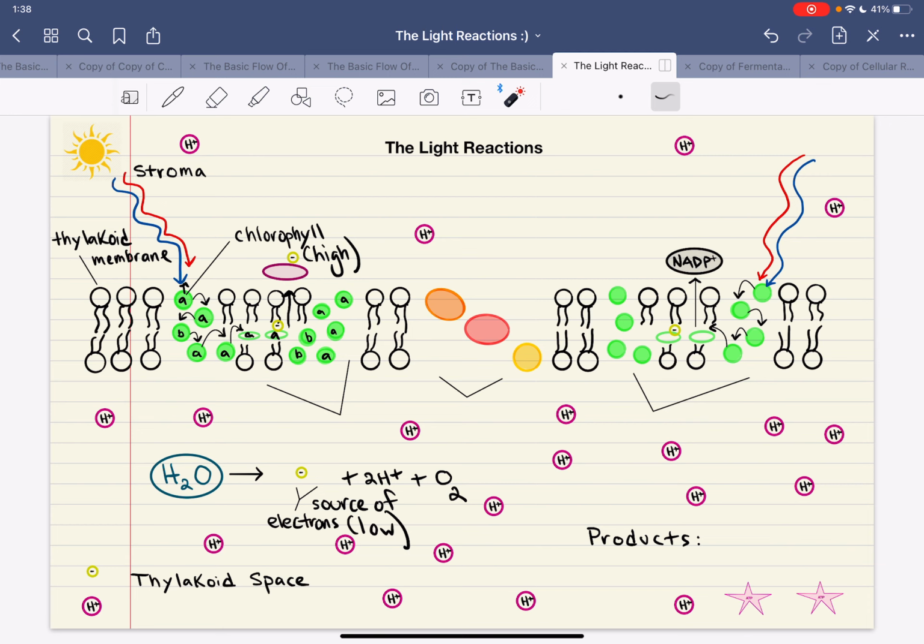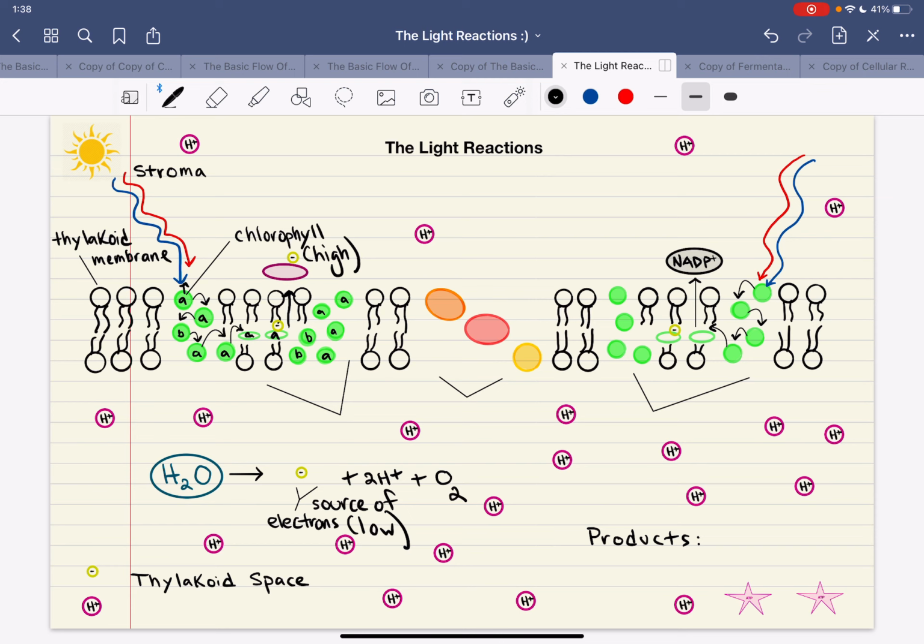Now, I'm not drawing ATP synthase because I don't want to go through the ETC and chemiosmosis again. We already covered that. So we're just going to say that that electron is used to build ATP using an electron transport chain. So we're really going to simplify it.